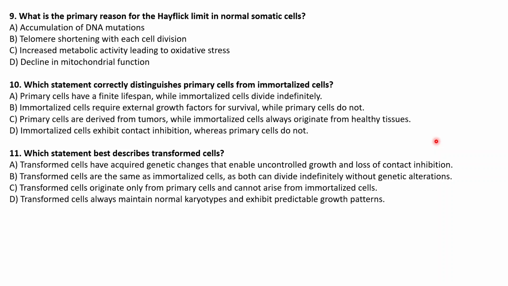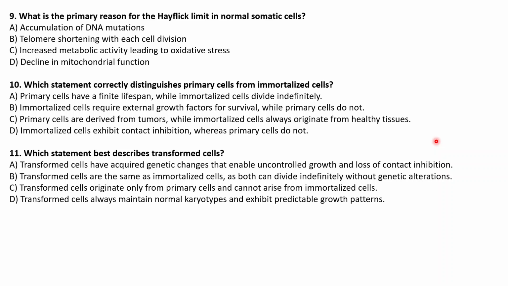And D is you can have transformed cells always maintain normal karyotypes and exhibit predictable growth patterns. Neither of these statements are true because if a cell has some mutation, say a p53 mutation, DNA damage and other genome protecting mechanisms are not at play properly. So of course you can have weird karyotypes.